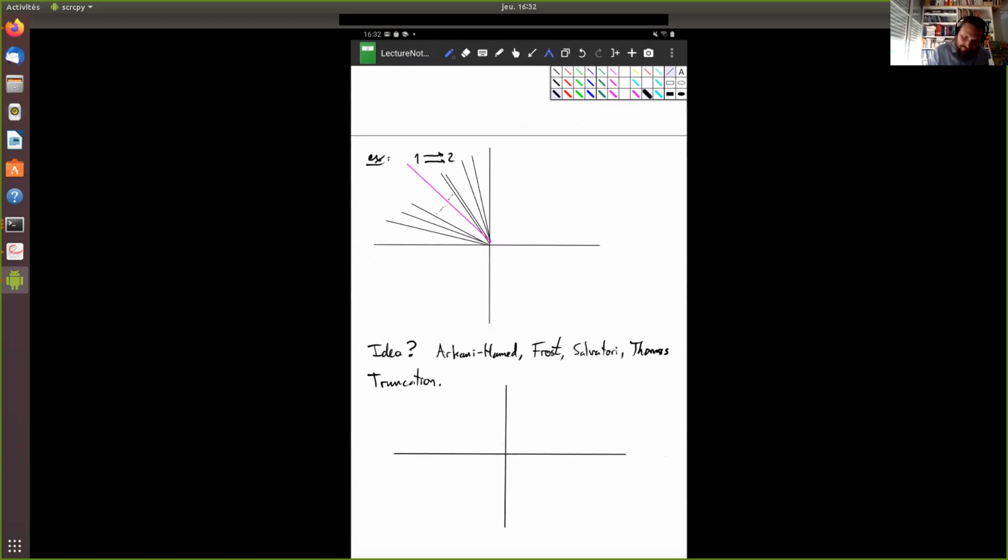So you take 1, 2, and then you stop on this side, and then you take 1, 2, and then you stop. And this is maybe the magic ingredient, you add this ray. That's not the ray of a G vector.